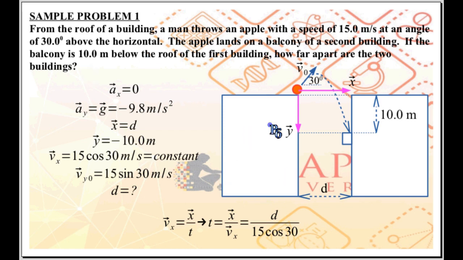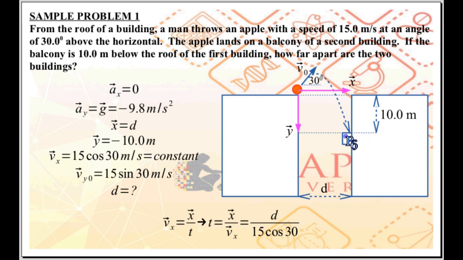So you have building 1 and building 2. From the roof of building 1, an apple is thrown with velocity v naught at an angle of 30 degrees above the horizontal. The apple undergoes projectile motion and lands on the balcony of building number 2.